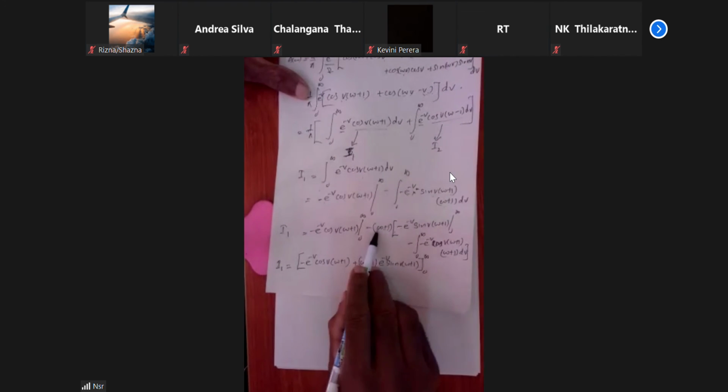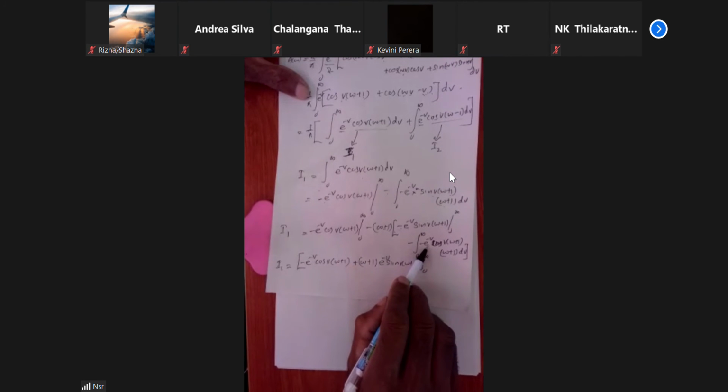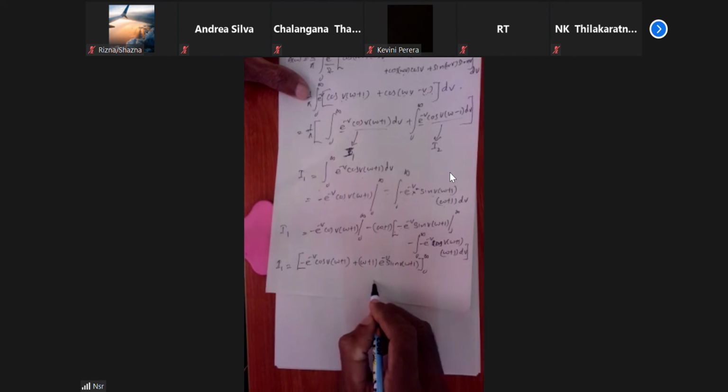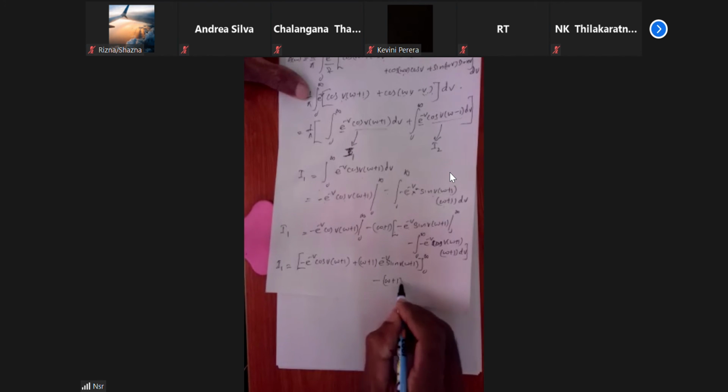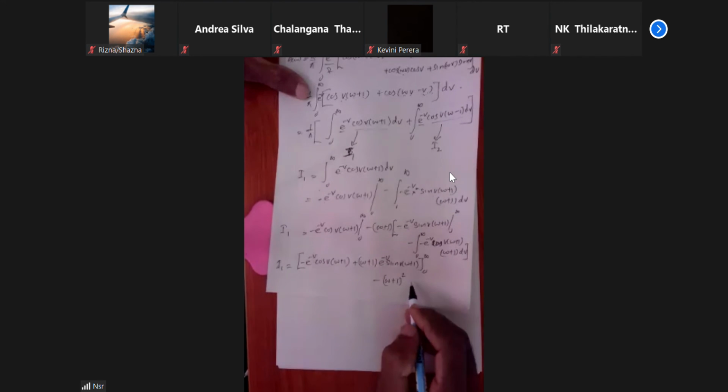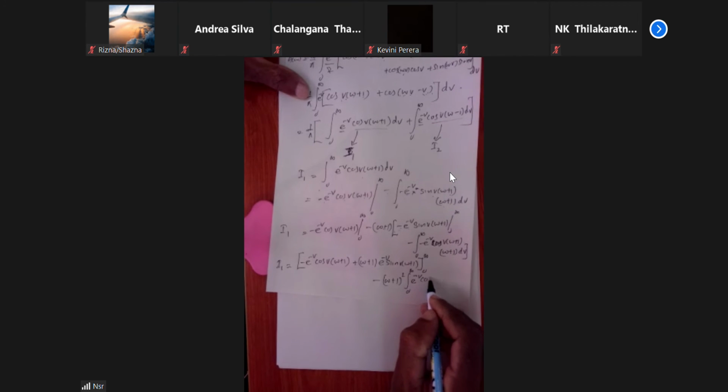Here again we have to multiply: minus, plus 3 times minus means minus, you multiply this by this, that is (omega plus 1) square into integral 0 to infinity e to the power minus v cos v (omega plus 1) dv.